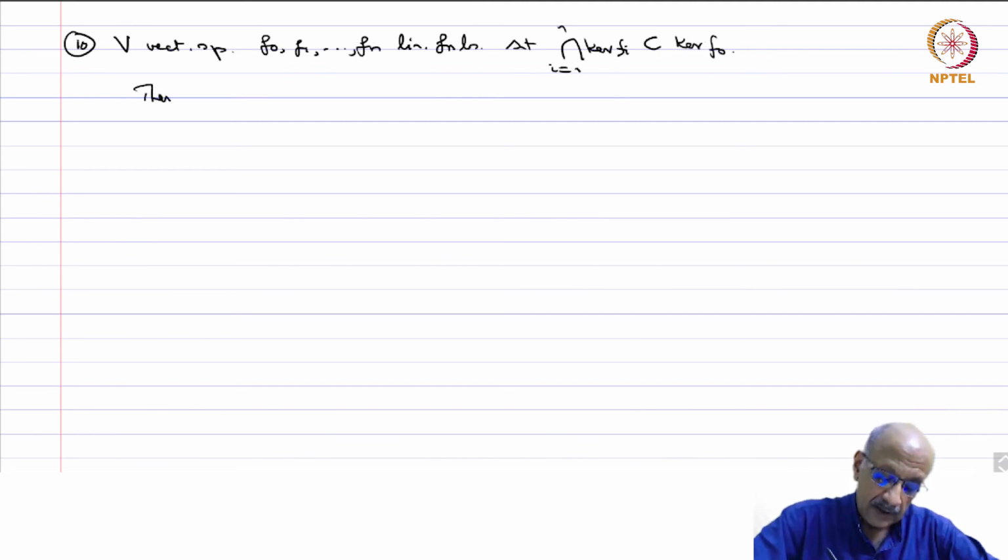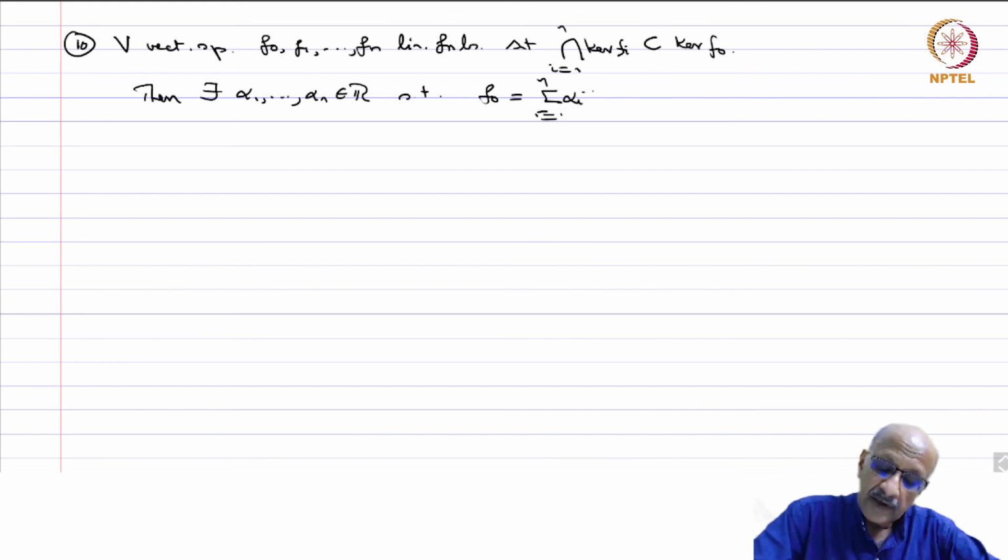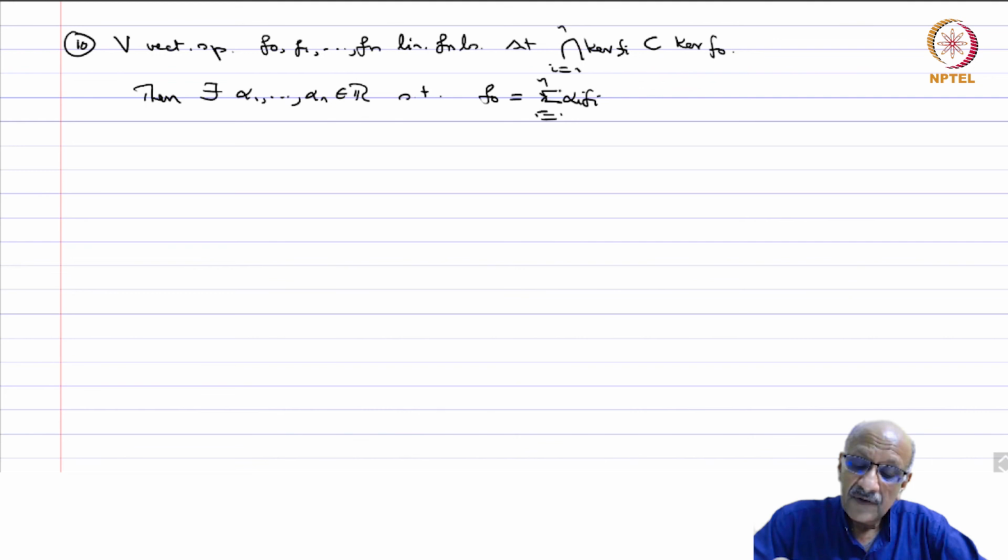Then there exist alpha 1 to alpha n in R such that F0 is equal to sigma i equals 1 to n alpha i Fi. So F0, this condition just implies that F0 has to be a linear combination of the Fi's.